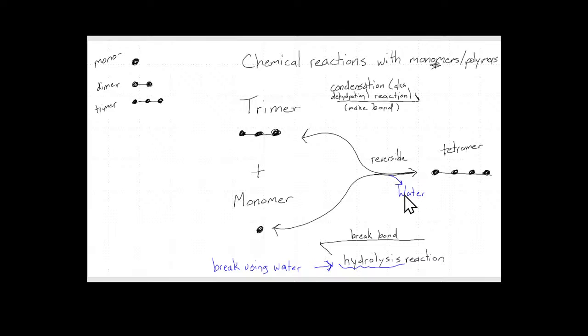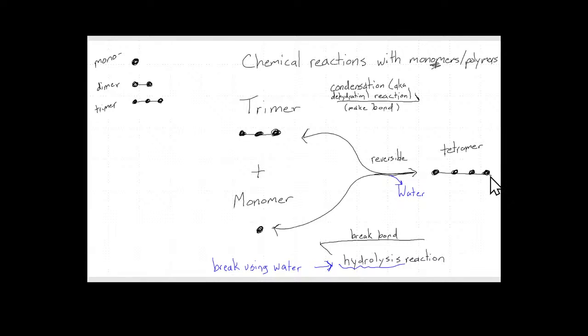It depends on where the parts of the water, the proton and a hydroxide ion, get inserted; that is where the break would occur within the covalent bonds holding your tetramer together. So we're making bonds going in the right direction, rearranging bonds actually, pulling a water out and connecting the pieces together.